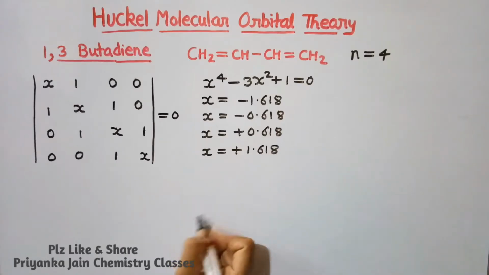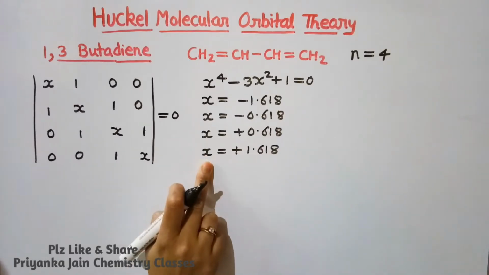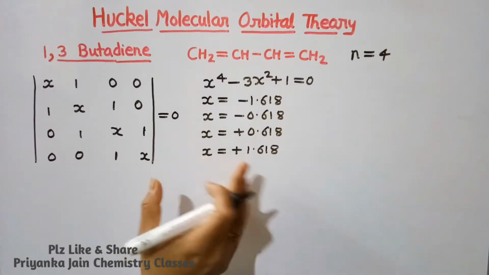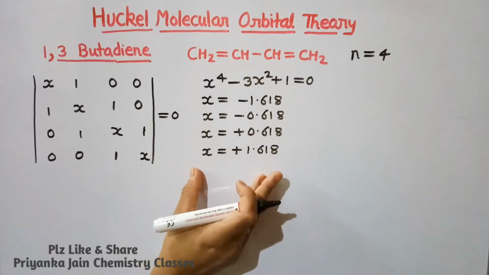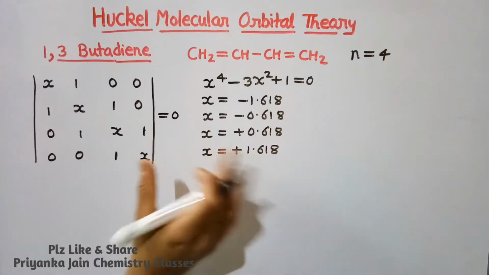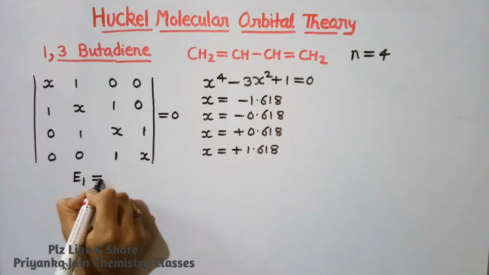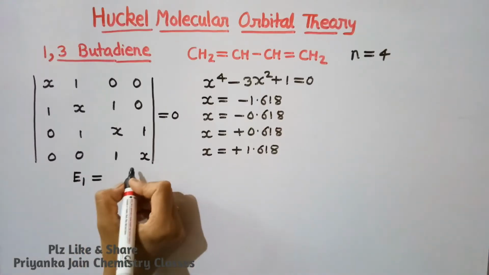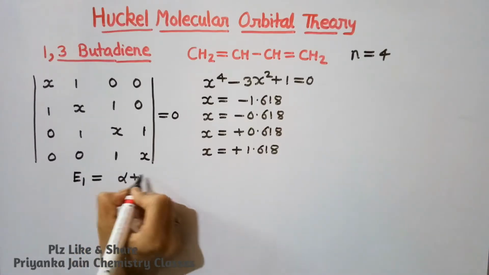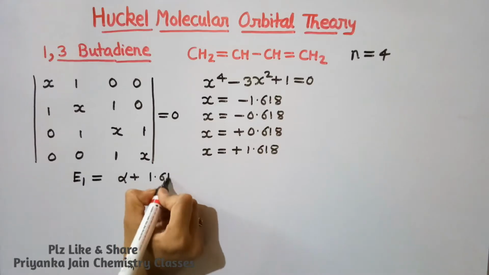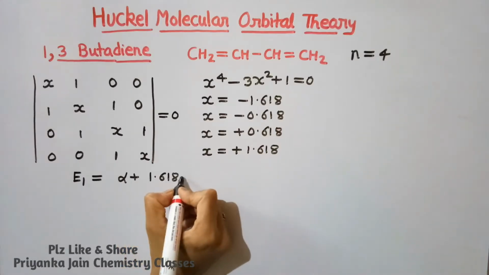And we know x is equal to alpha minus E upon beta, so we can put these values in that equation so that we will get the values of the energy. So what will be the values of energy? The first value, E1, is equal to alpha plus 1.618 beta.